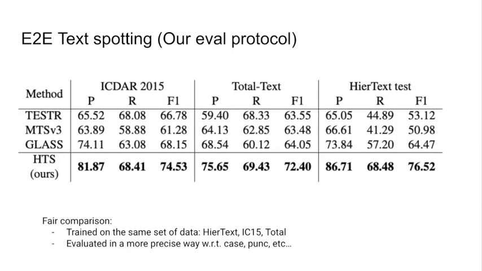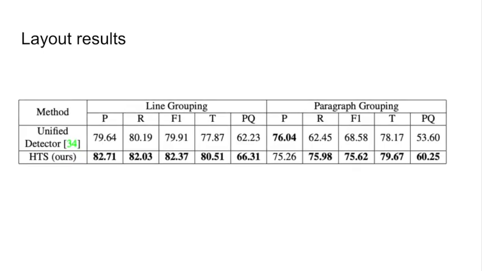For a fairer comparison, we retrain some models using the same set of data, including HierText, ICDAR 2015, and TotalText, and evaluate using the same HierText evaluation protocol, which is more strict. We also compare the new method with the old unified detector on layout analysis results.